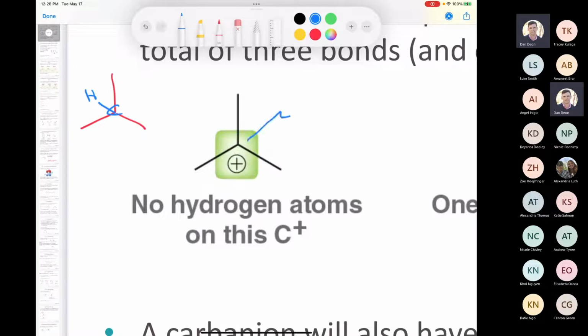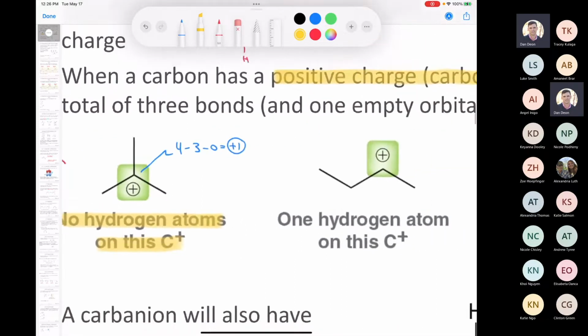And therefore, if we take 4 valence electrons, subtract 3 sticks and 0 dots, we get +1. So that tells us that the carbon has a +1 charge. Therefore, it is a carbocation. Put another way, if you see a positive charge next to a carbon, you can imply that this carbon only has 3 bonds, therefore no hydrogens attached to it, and it is, again, a carbocation.